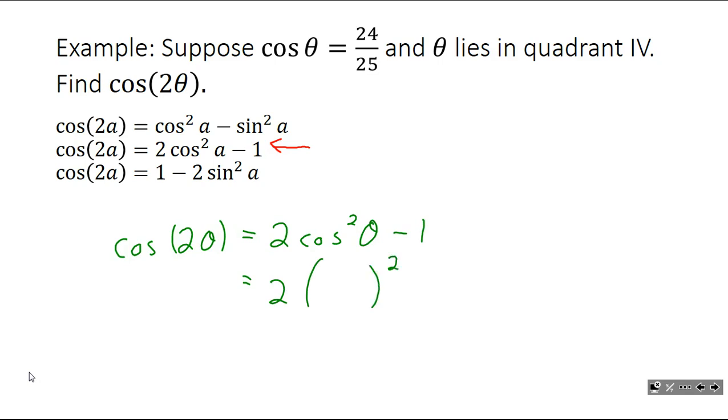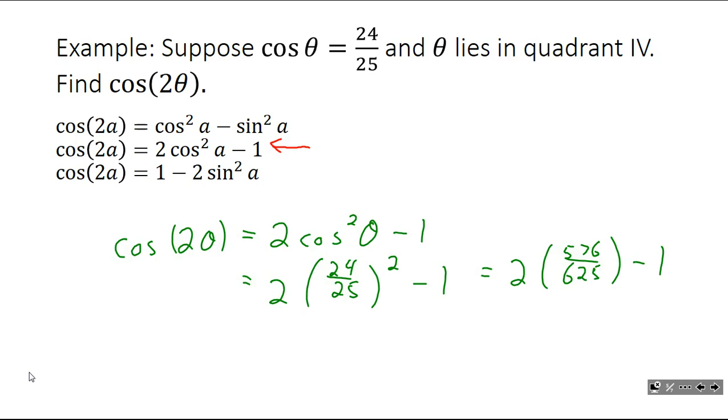Now, cosine squared is just the cosine value squared, so we would plug in 24 over 25, and we would subtract 1. So we didn't even need the sine value by selecting the middle formula there. Now we certainly have some arithmetic to do. This would be 2 times, and when I square both these numbers I get 576 over 625.